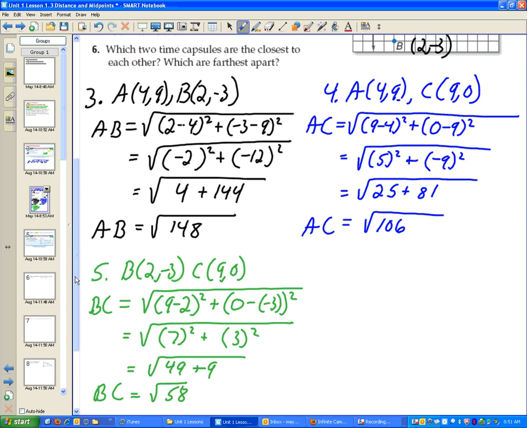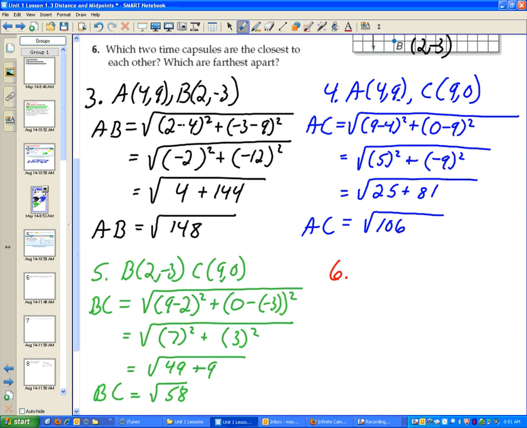Last question in this little group. Which 2 time capsules are the closest to each other? Which are the farthest apart? Well, that's an easy question. Which 2 are the closest? Which distance is the smallest? BC, square root of 58, right?